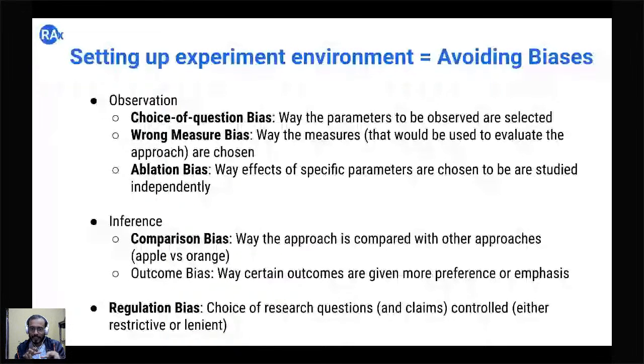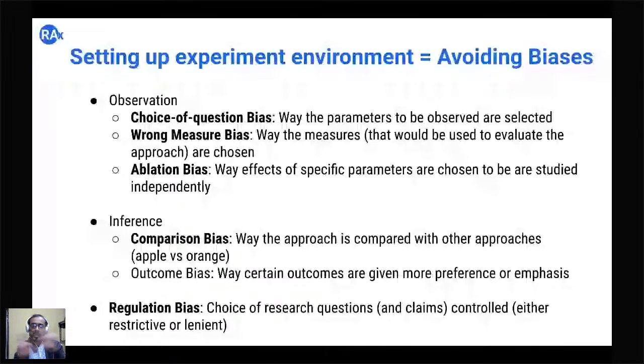So the second category is outcome bias. By outcome I mean the final outcome that you are getting, and the final thing that you want to establish. Where the bias can creep in is that, let's say there are certain outcomes, and you intentionally or unintentionally give more preference to one kind of outcome.